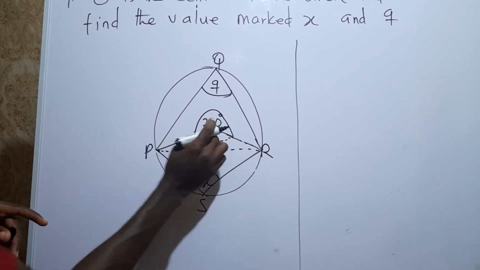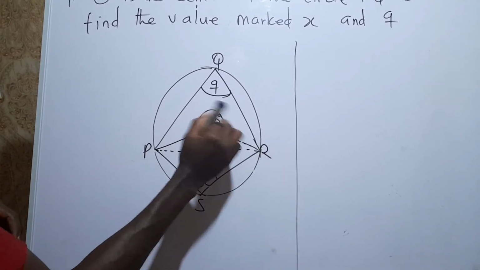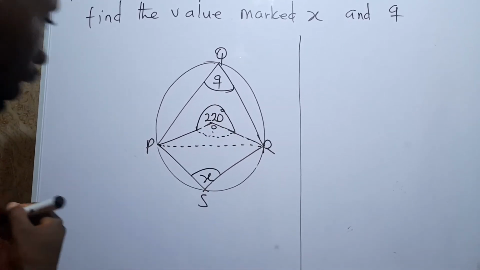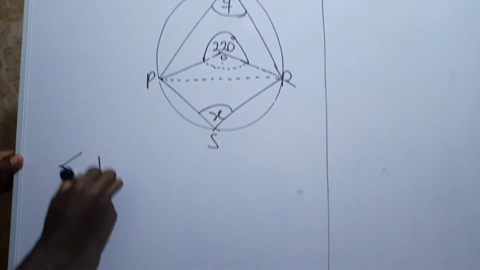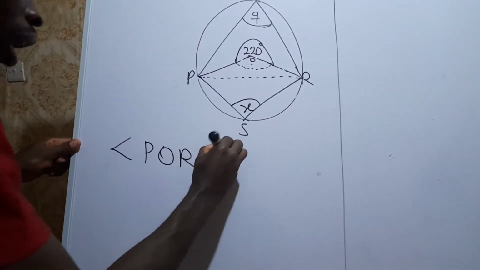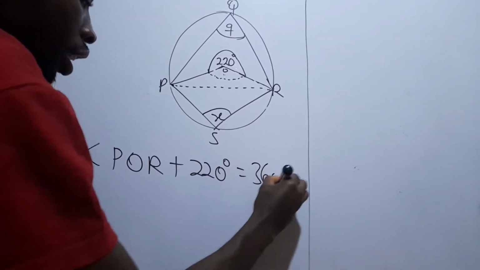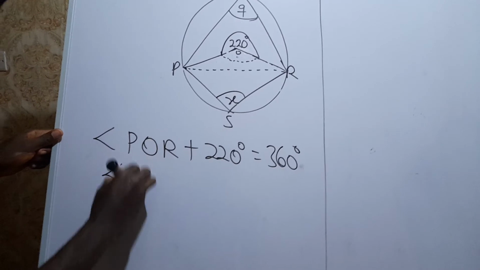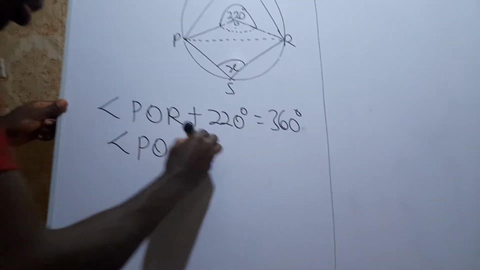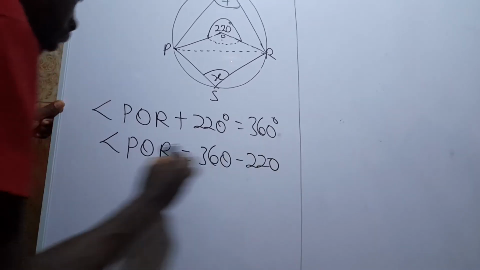That's angle POR. So we say that angle POR plus the angle here, 220 degrees, will be equal to 360 degrees. So angle POR will be equal to 360 degrees minus 220.